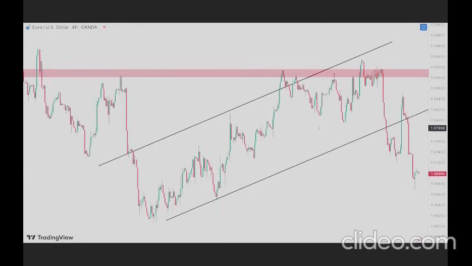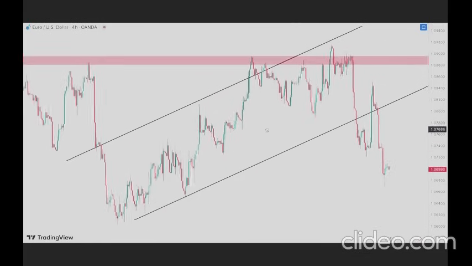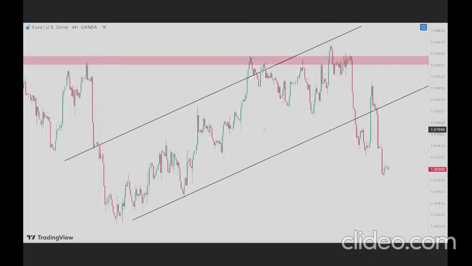Here we go, guys. This is our 4-hour time frame.